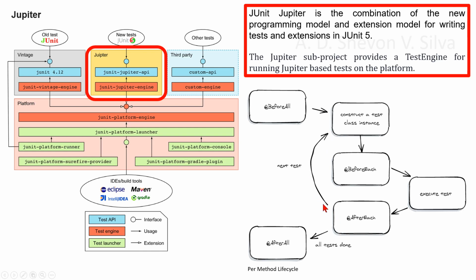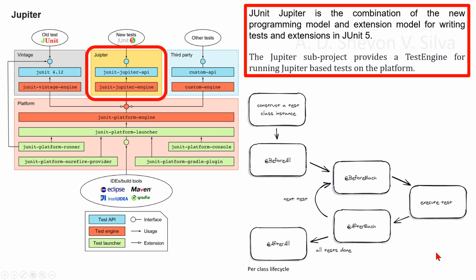Next test is passed from AfterEach to construct test class instance. AfterEach is connected to @AfterAll, and all tests done is passed from @AfterEach to @AfterAll.